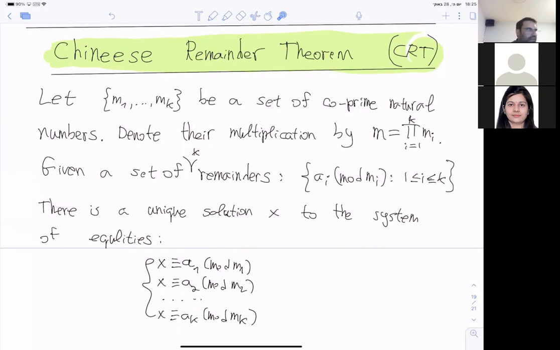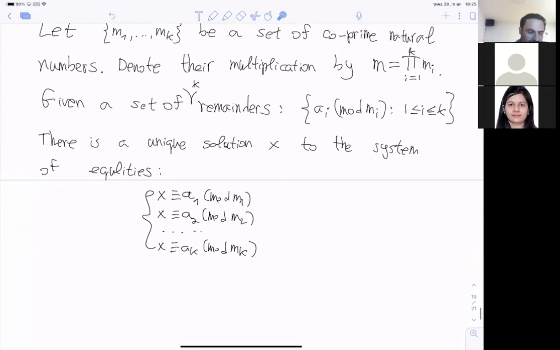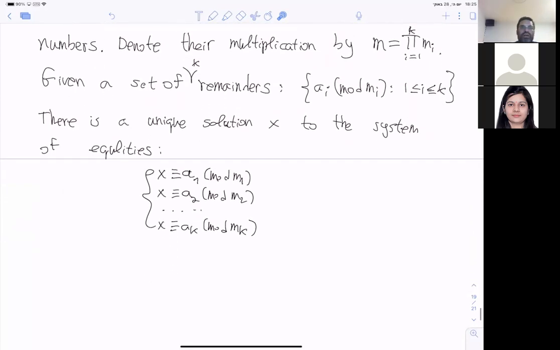Okay, and how are we going to do it? We are only going to start the proof and continue next time. But I want to understand that you understand the basic idea of this proof.